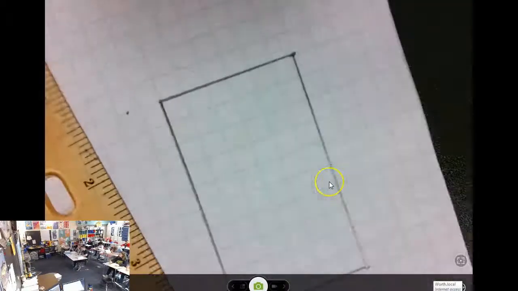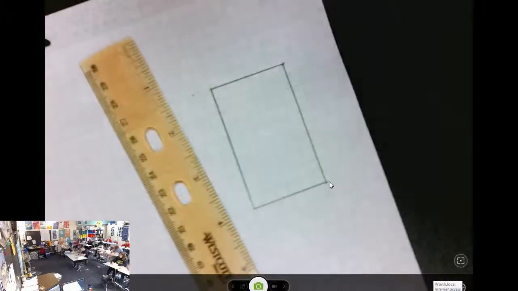So I've made a 10 by 6 rectangle to start.